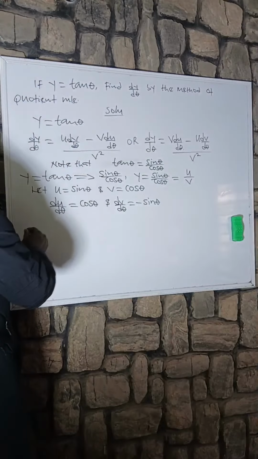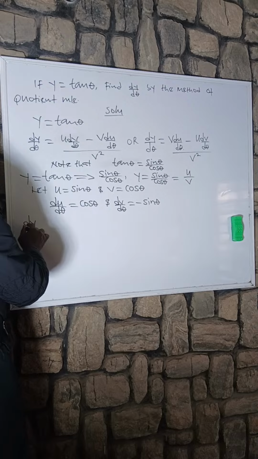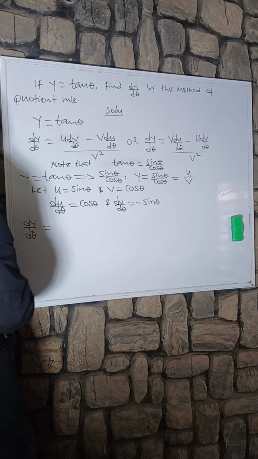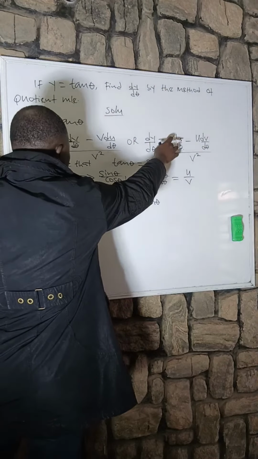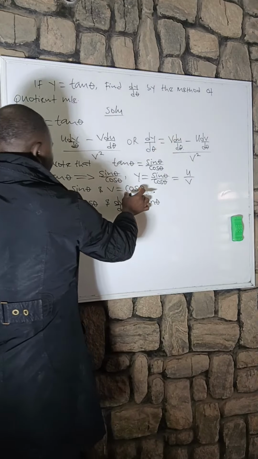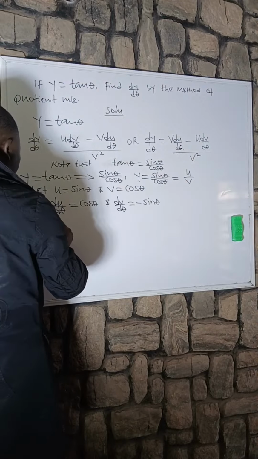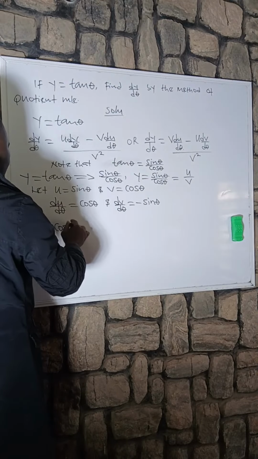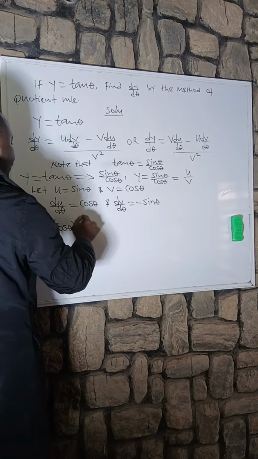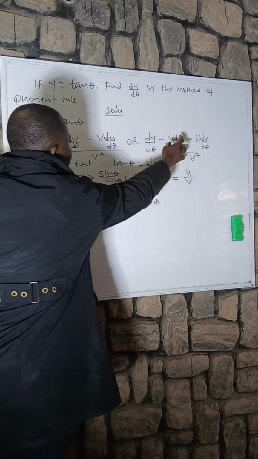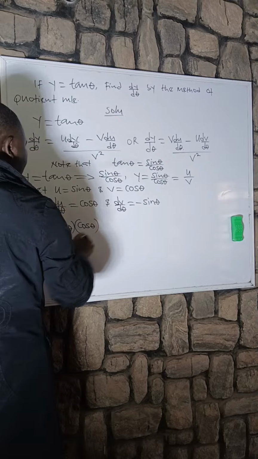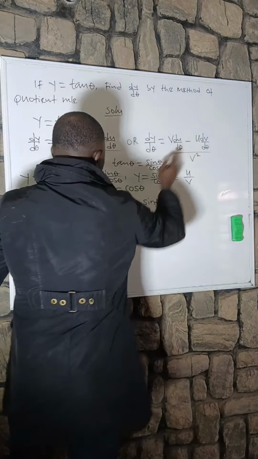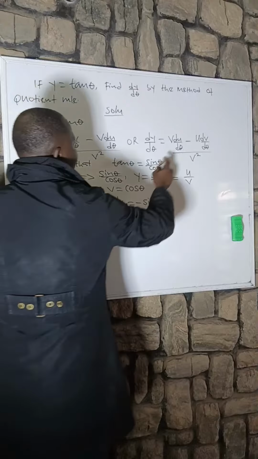It means our dy all over d theta equals, what is our ordinary v? Our ordinary v is this, so cos theta times our du all over d theta, which is cos theta. Then minus, what is our u?